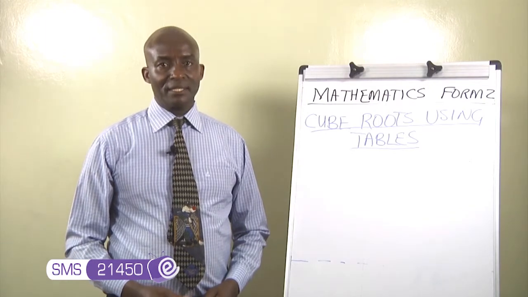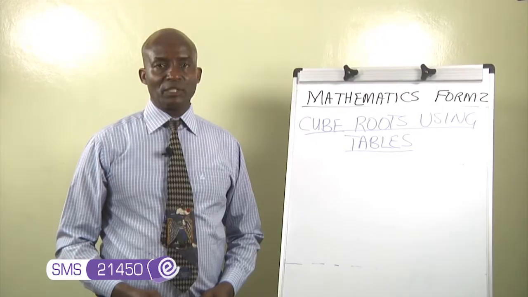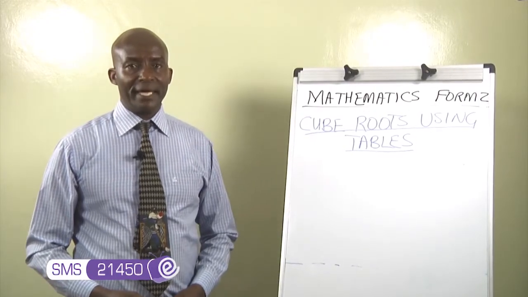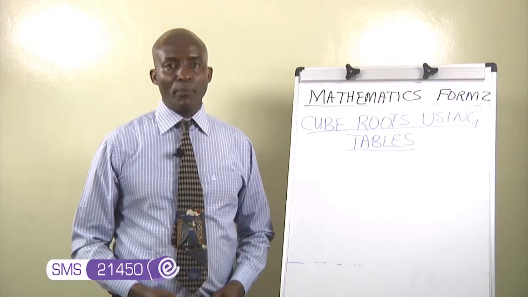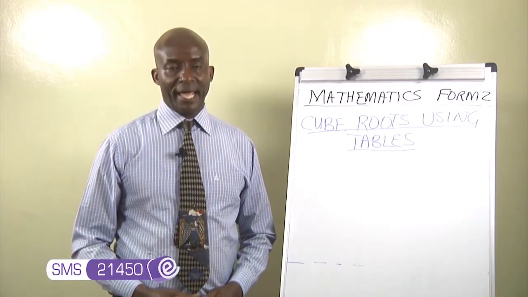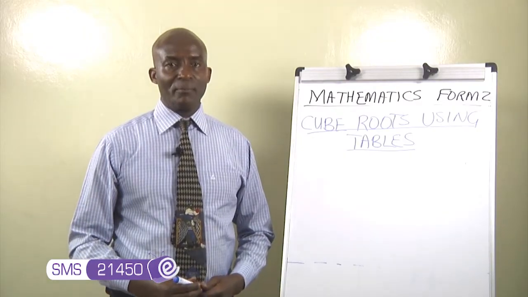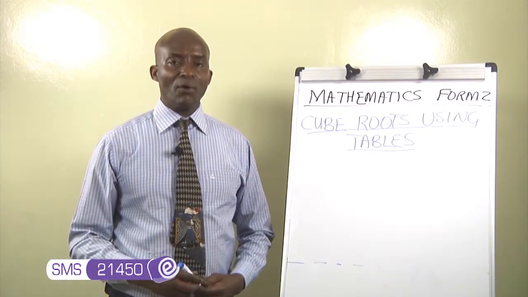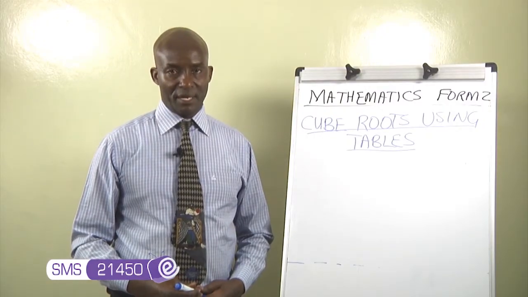And we say that to get the cube root of such a number, you first of all express that number as a multiple of its prime factors. And after you do that, the powers of the prime factors are supposed to be divisible by 3.